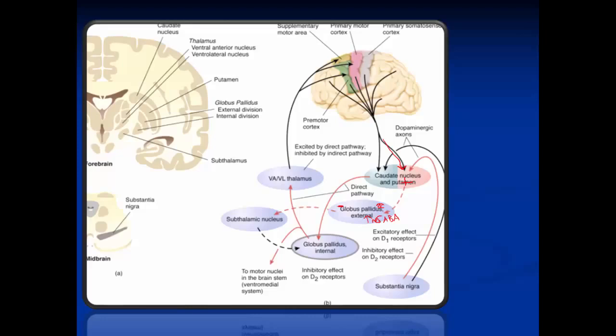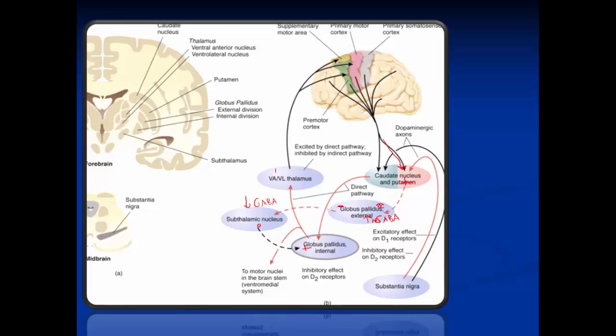Okay, so when this neuron is inhibited, what does that mean? That means less GABA. And I'm going to have disinhibition here. That means this pathway is going to be excited, and I'm going to release excitatory neurotransmitter. Now, when I excite the globus pallidus internal, remember these are inhibitory GABA neurons.